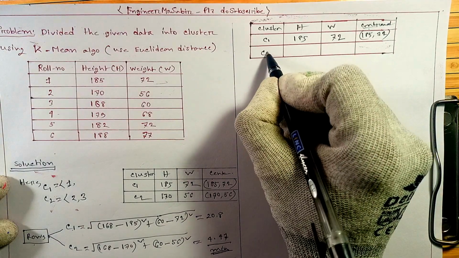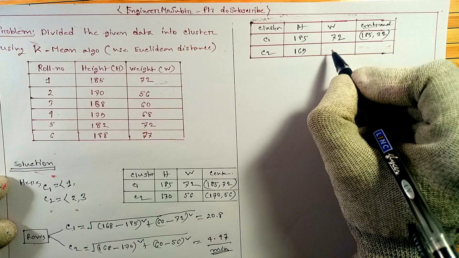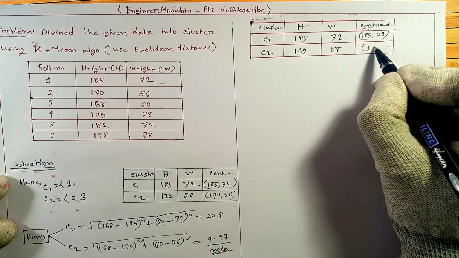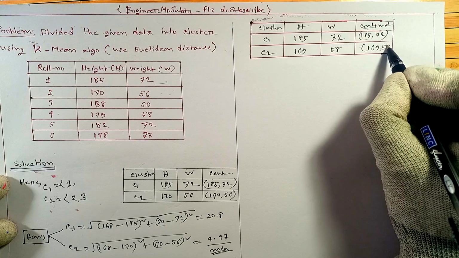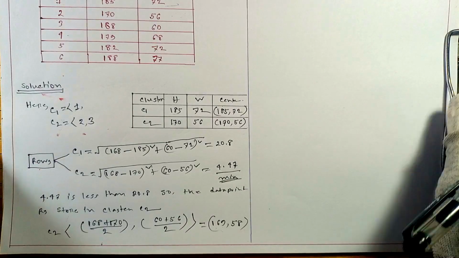So we got our new C2, that is 169 and 58. So the centroid will be 169, 58. We take this value C2 from there.